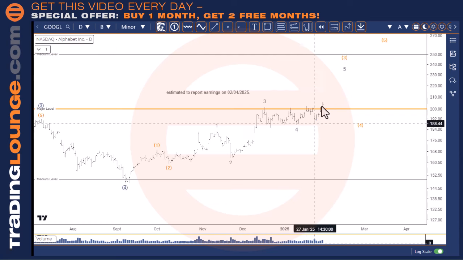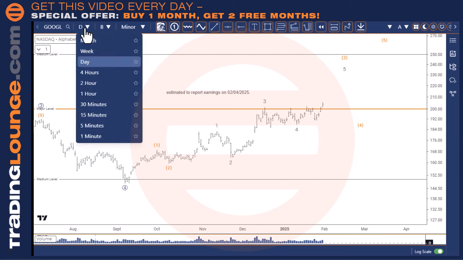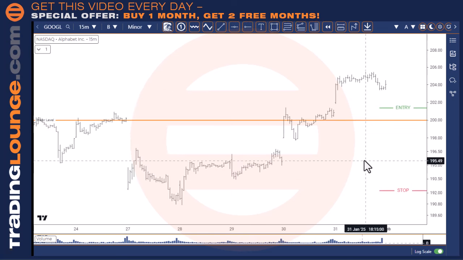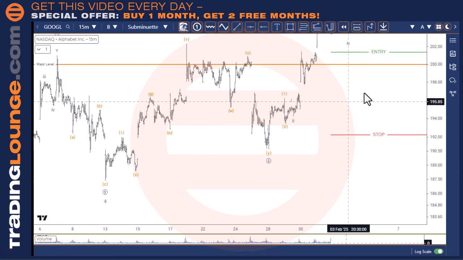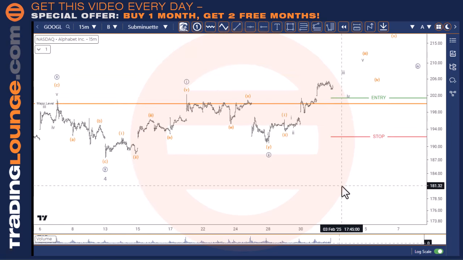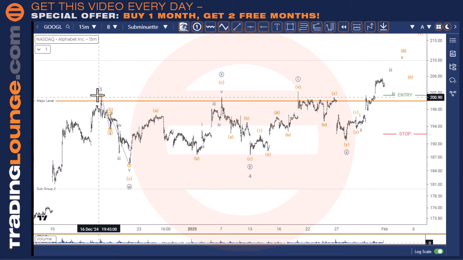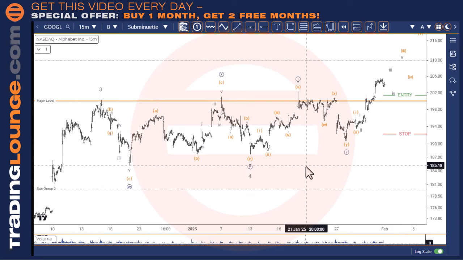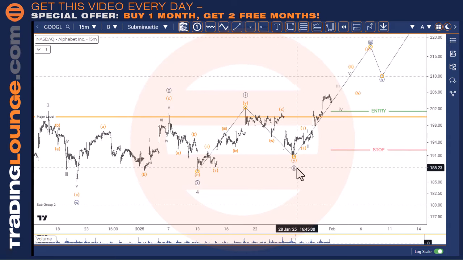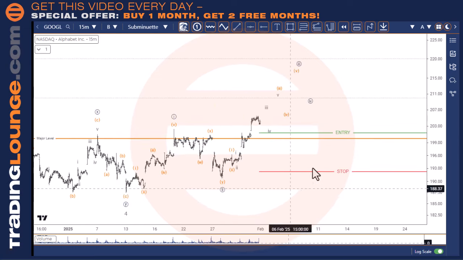It'll do it in its own way, but based on that, let's go to the 15-minute chart here and label this. I've also labeled it very conservatively. So we've got wave 3 here with wave 4 here, and then going up from that point with wave 1 here and 2 here, and then going up for wave 3 here, and so on.